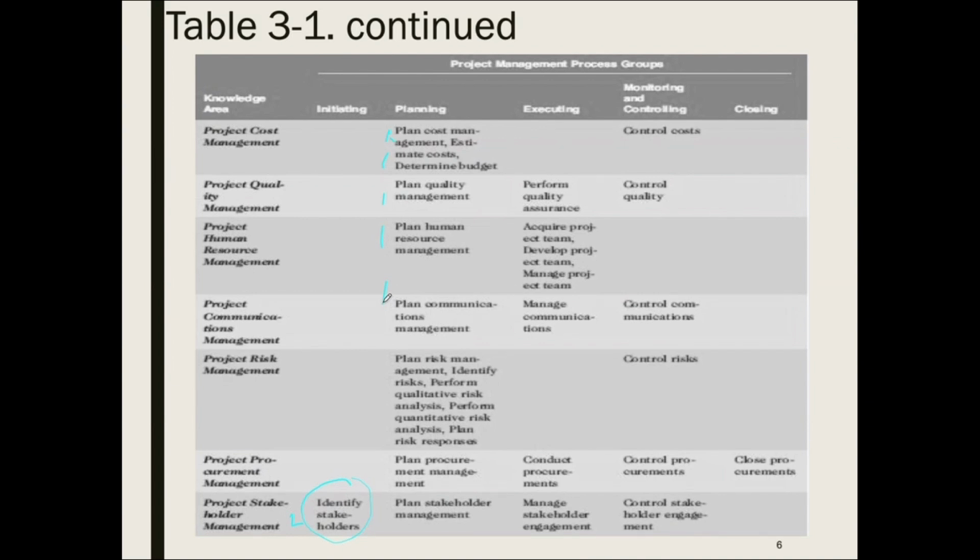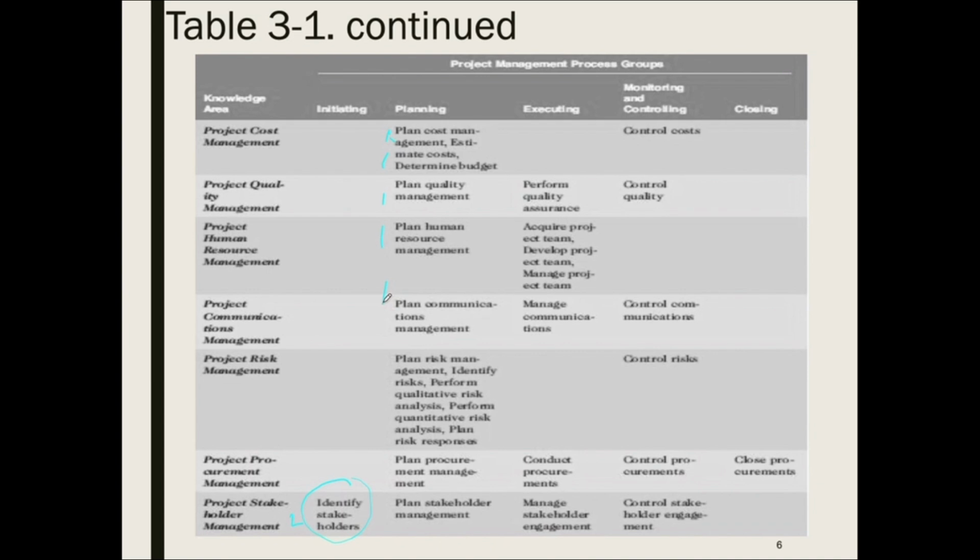Okay? And then similarly, in the execution and monitoring and closing, you see the processes that are related to that area. Now, from here, we will start looking at the knowledge areas and what are the processes in each of this.